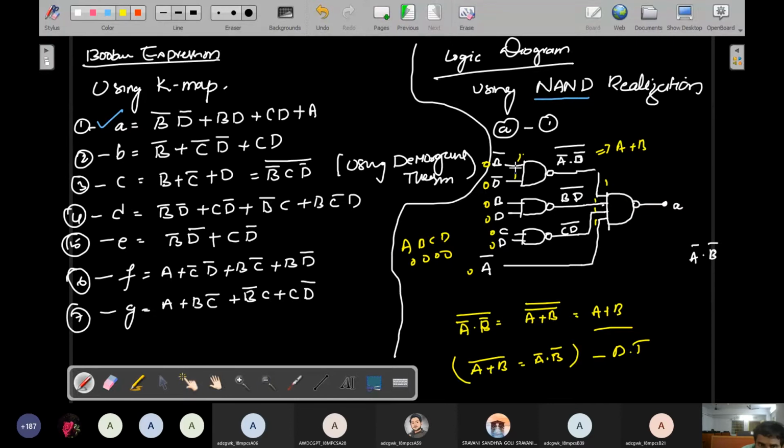Right now this is a see. From this theorem, A bar dot D bar whole bar is nothing but A plus D only.